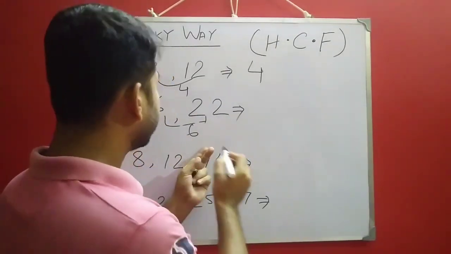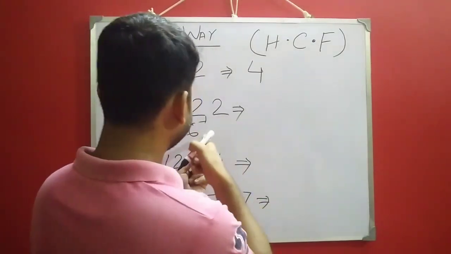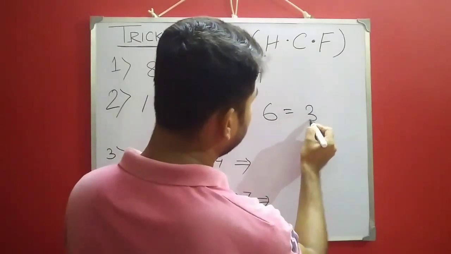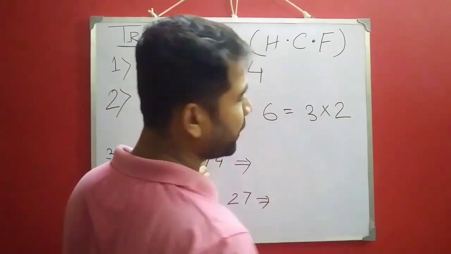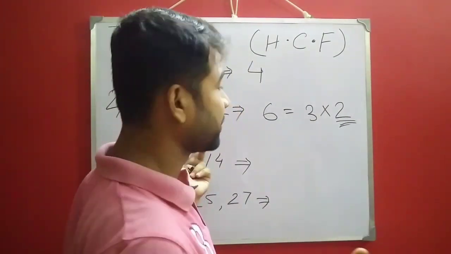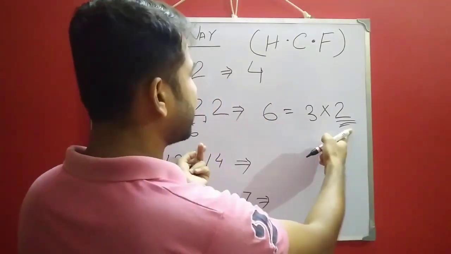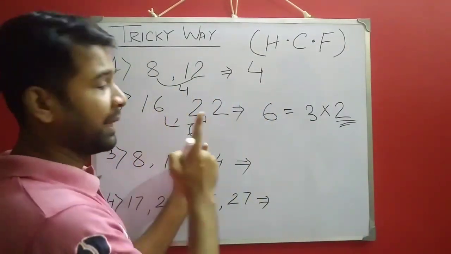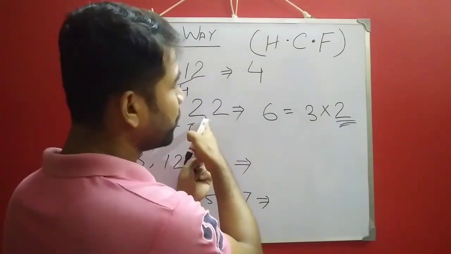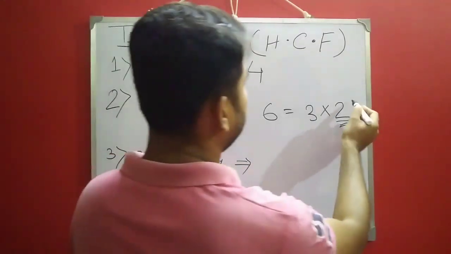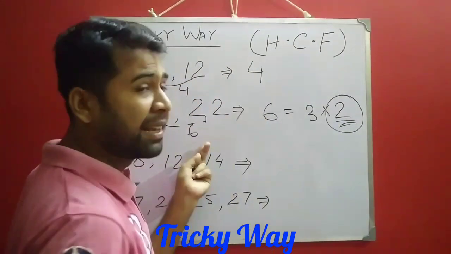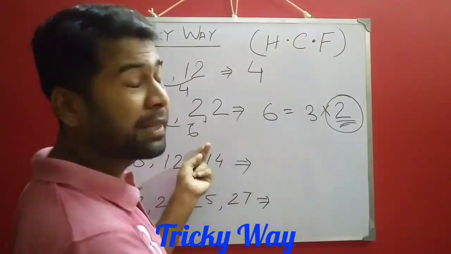No. Then we factor this difference. So 6 equals 3 into 2. Starting from the smallest number, is 2 a divisor of 16? Yes. Is 2 a divisor of 22? Yes. So our answer will be 2. So the HCF of 16 and 22 is 2.